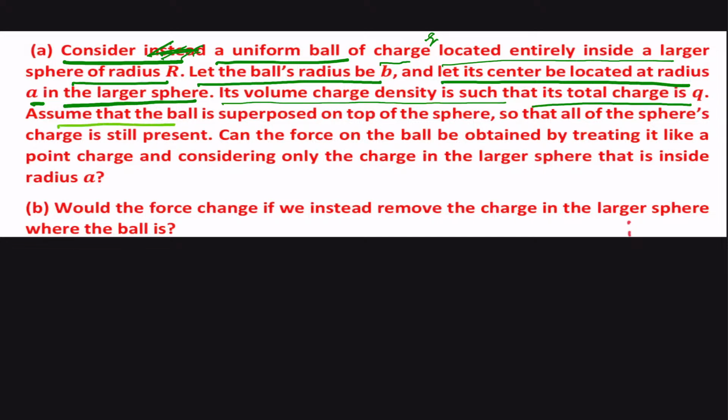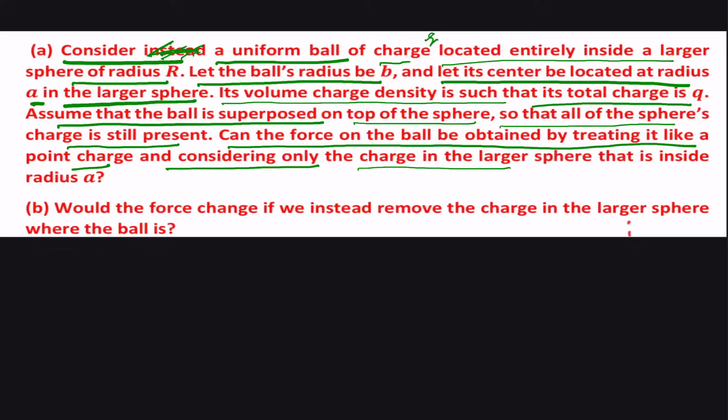Assume that the ball is superposed on top of the sphere so that all of the sphere's charge is still present. Can the force on the ball be obtained by treating it like a point charge and considering only the charge in the larger sphere that is inside the radius a? Indirectly it is asking how the force equation can be framed, and it is directly mentioned that the force will be the same as the force because of the point charge.